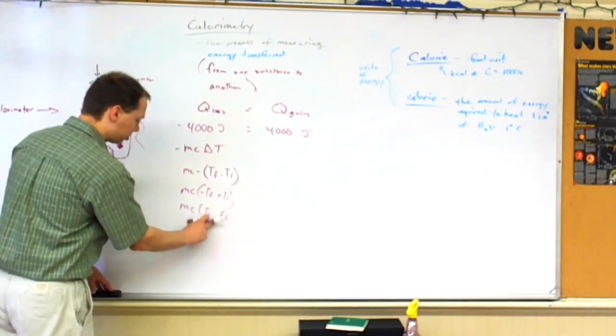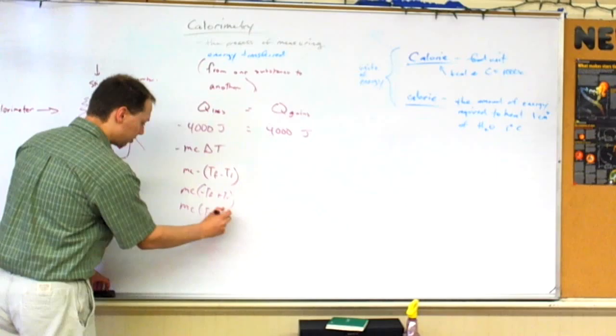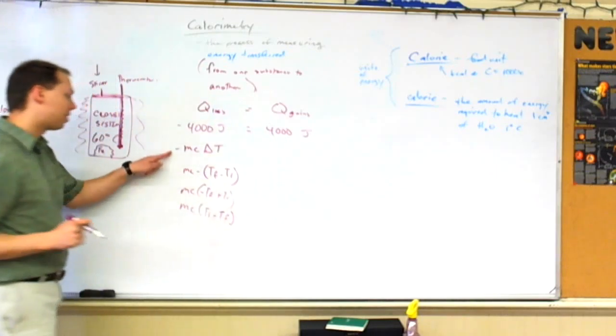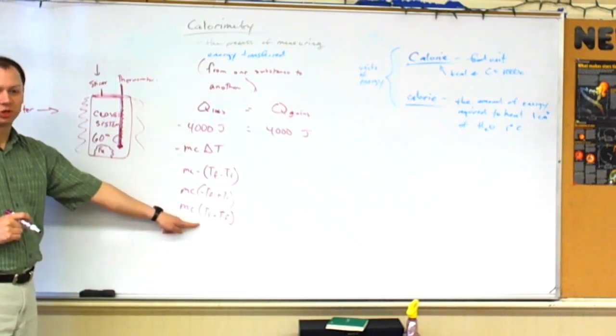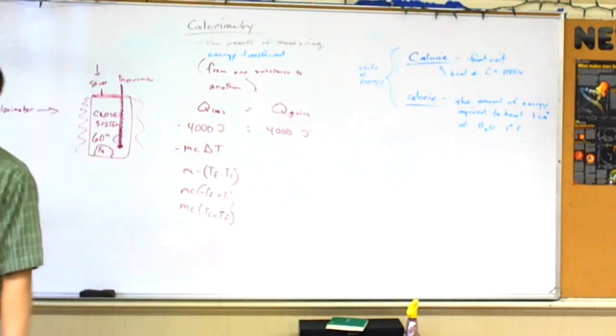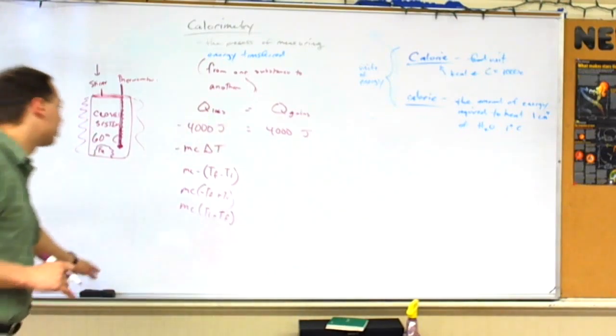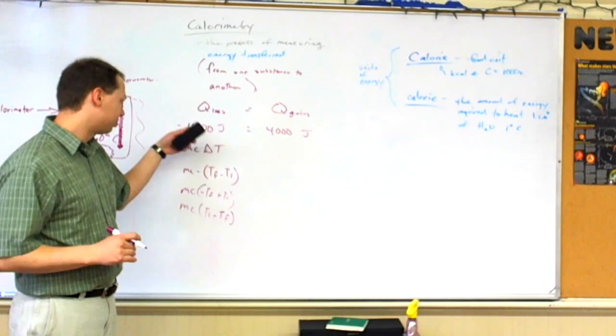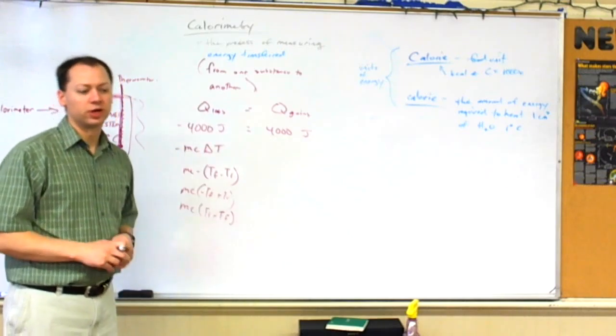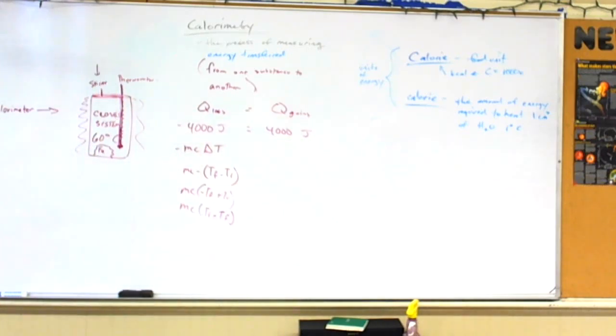Does that make sense? That's why we flip the temperature change here. Basically, we're making the temperature change always positive. That way we have positive joules and positive joules, and we can equalize everything, because the heat is equalizing, the temperature is equalizing.